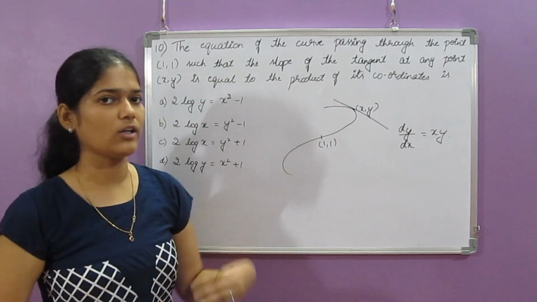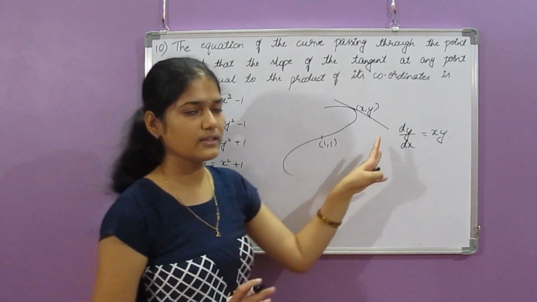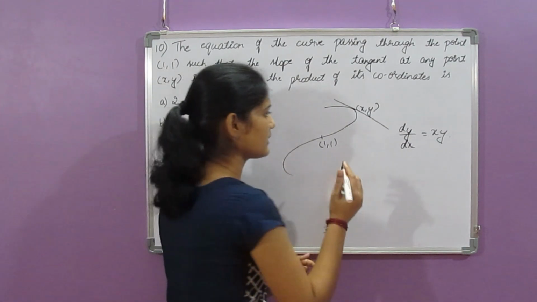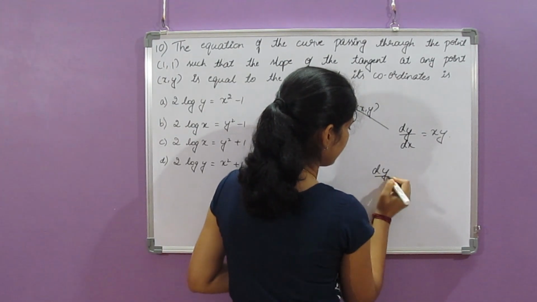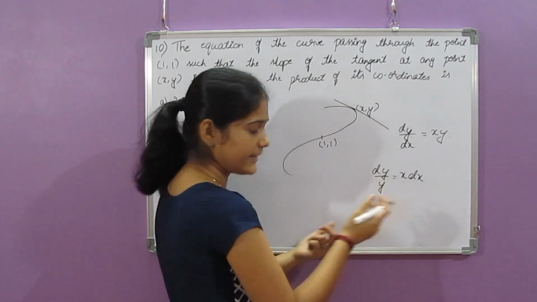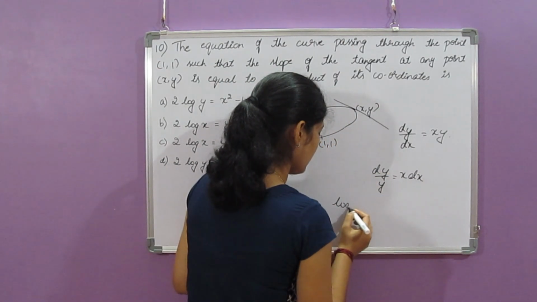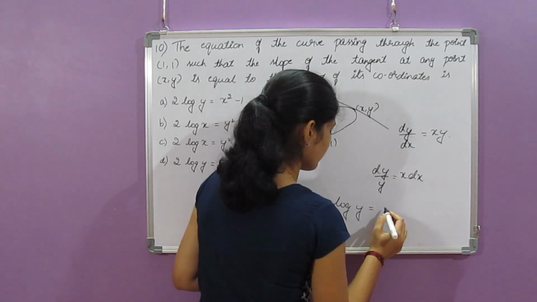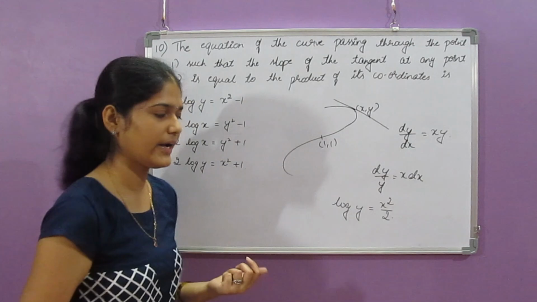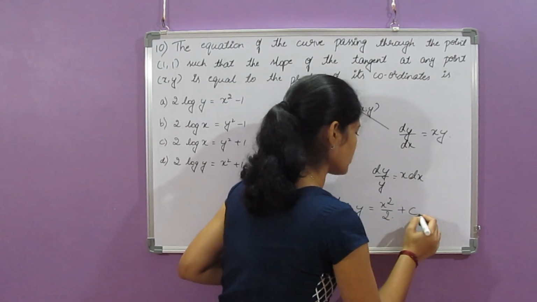Now let's solve this differential equation. This differential equation can be solved by the variable separable method. That means it will be dy by y is equal to x dx. On integrating, we will get log y is equal to x square by 2 plus c, some constant.